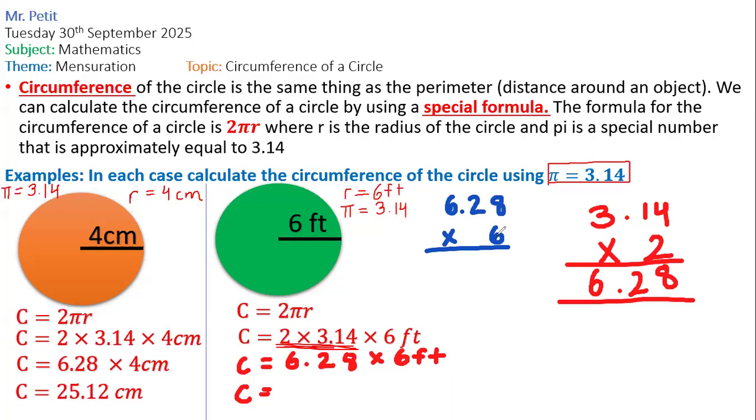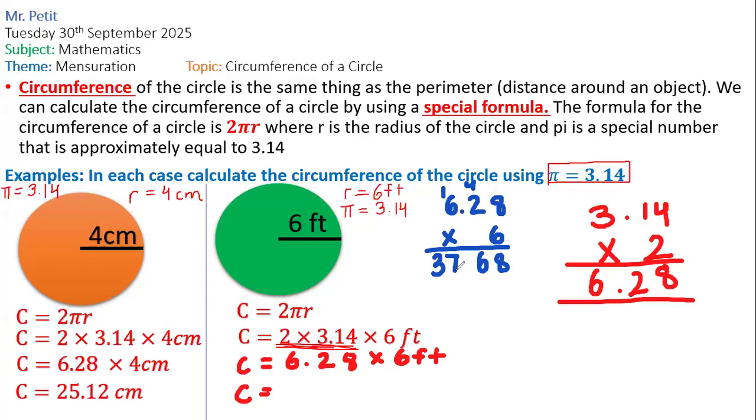Okay, good. So we have 8 times 6, which is 48. Put the 8 down, put the 4 up. We have 6 times 2, which is 12, plus 4 is 16. Put the 6 down, put the 1 up. You have 6 times 6, which is 36, plus 1 is 37.